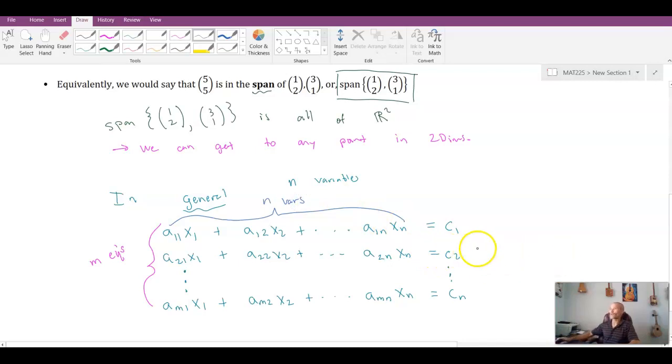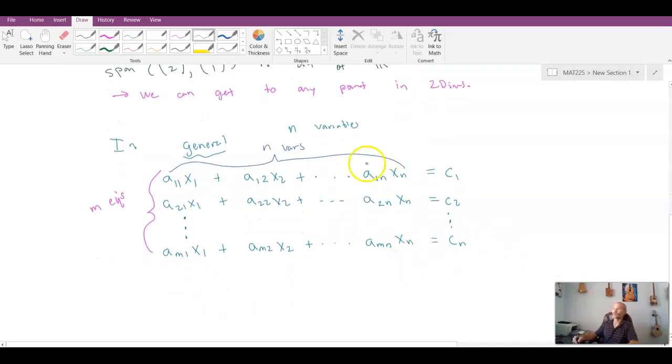Okay, with that said, we can put this together as follows. Really the only thing that changes in this first column is, you can see the x1 is in all of those in that first column. So what it looks like is this is going to be x1 times the vector containing a11, a21, all the way down to am1.